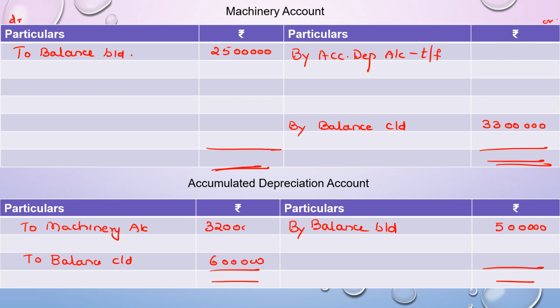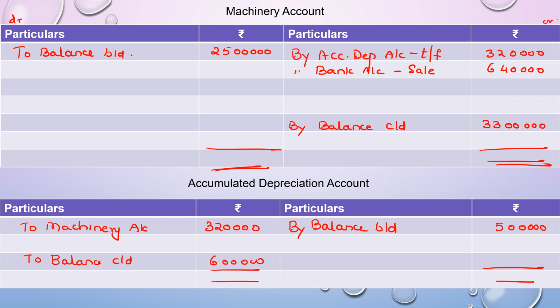So we remove it from here and we are putting it into the machinery account. Then there was the sale value which was realized, that was 6,40,000. So we write that too.